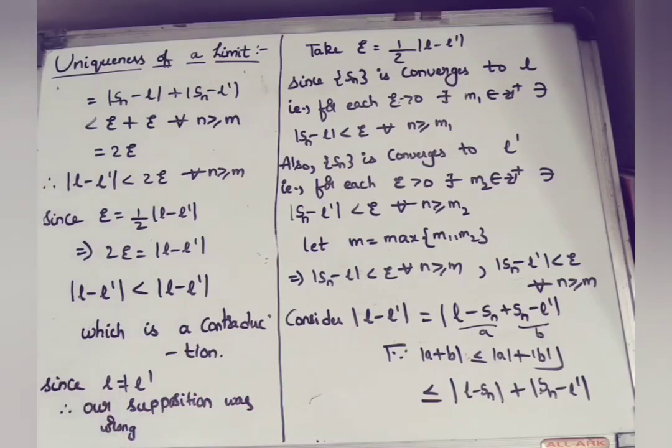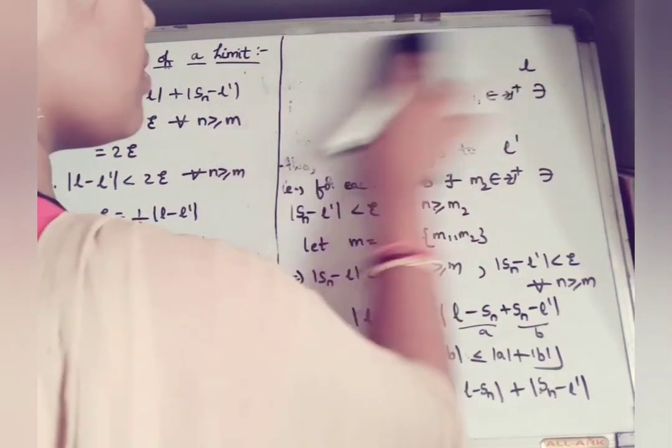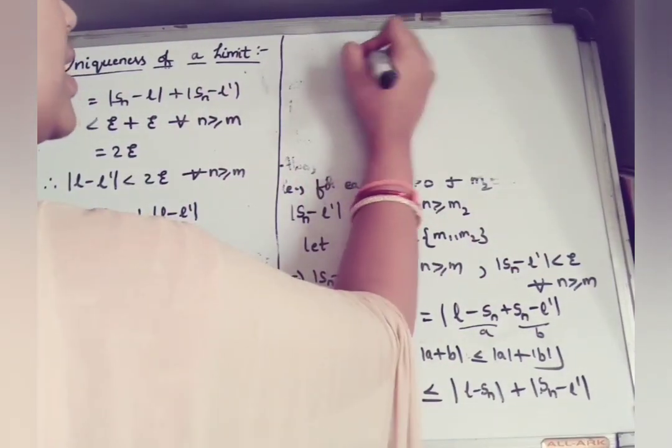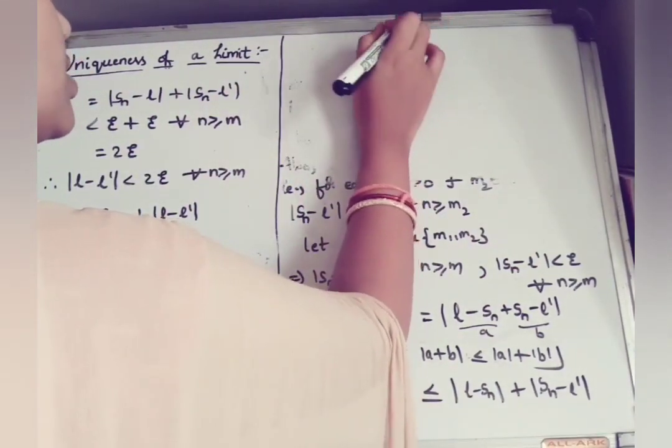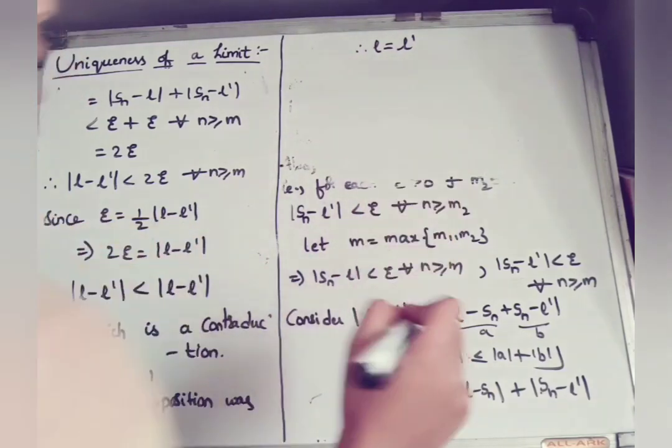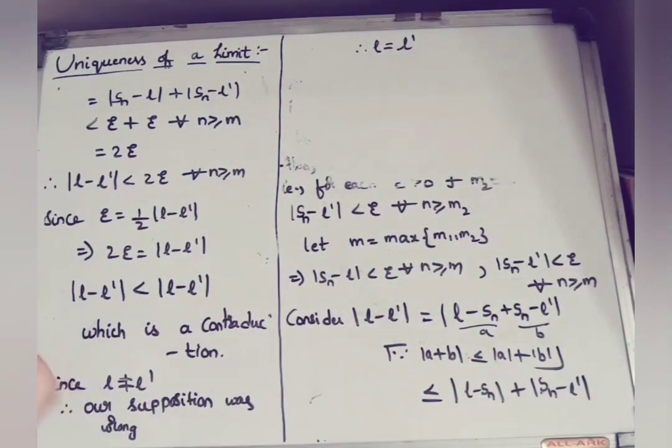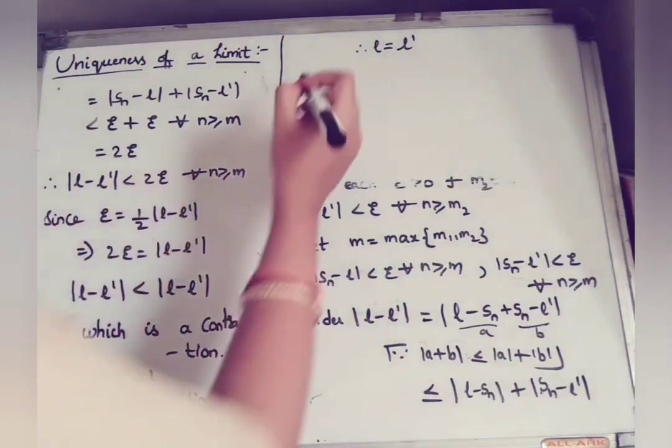If our supposition, L not equal to L dash, is wrong, it does not exist. Then the only chance is L equal to L dash. L and L dash are limit points, L equal to L dash. So both limit points are equal.